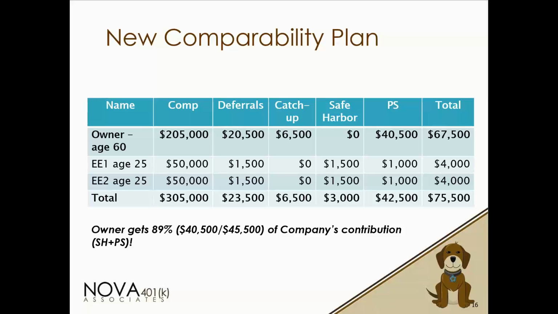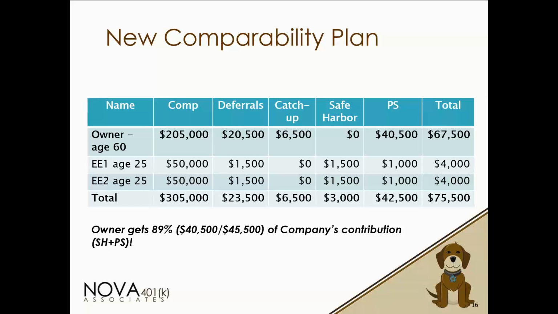The company is putting in $45,050 between the safe harbor and the profit sharing, and he's getting $40,500 of that. So we've bumped up from the 67 or so percent that we had in the safe harbor profit sharing plan to, by switching to new comparability, 89% for the owner.